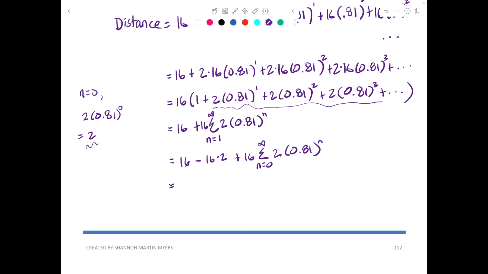So now 16 times 2 is 32, so we'll end up with negative 16 plus 16, and then we can do our sum. So our a is 2, over 1 minus 0.81, so our 1 minus r. So that will be negative 16 plus 32 over 0.19.